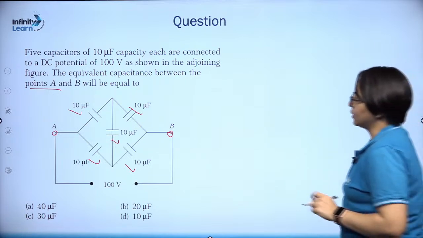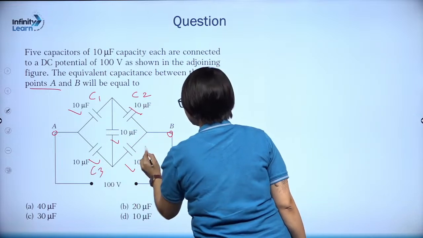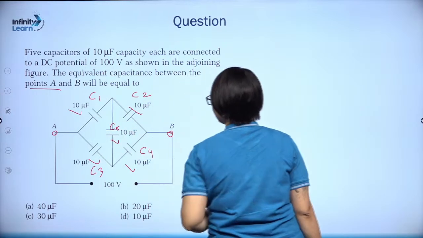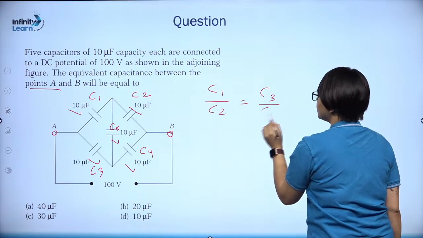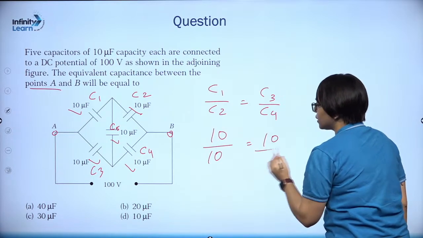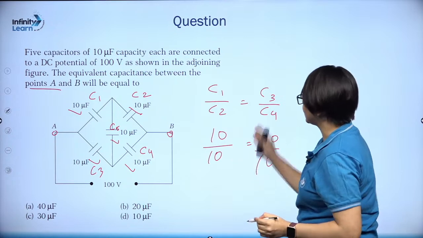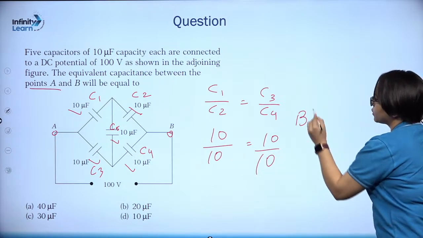This is C1, C2, C3, C4 and this is C5. So if C1 upon C2 is equal to C3 upon C4, that means 10 micro divided by 10 micro is equal to 10 micro divided by 10 micro. Yes, it is satisfying this condition, right? That means this is a balanced Wheatstone bridge.